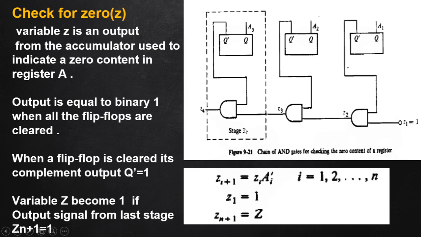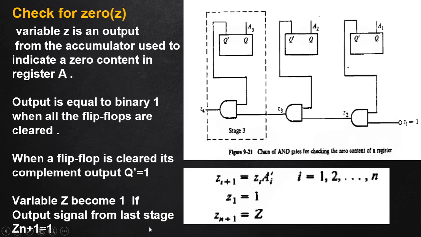That Z4 value is actually used for setting the status register bit Z, which indicates whether the register is completely holding value 0 or not. If all the bit positions of our accumulator register are currently holding value 0, then our status register bit Z is set as value 1, which is derived with the help of this circuit.